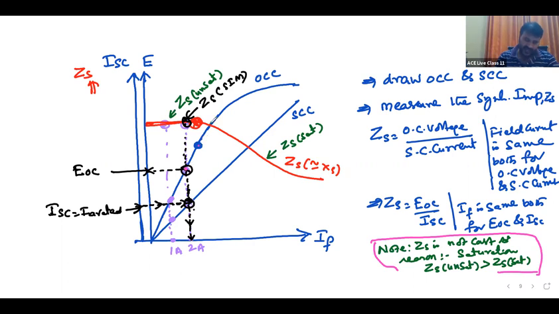We have taken below the knee point, but actually the machine operates a little above it. So the actual ZS may be some other value, related to this portion. This may be the actual ZS. So ZS by this method is more.